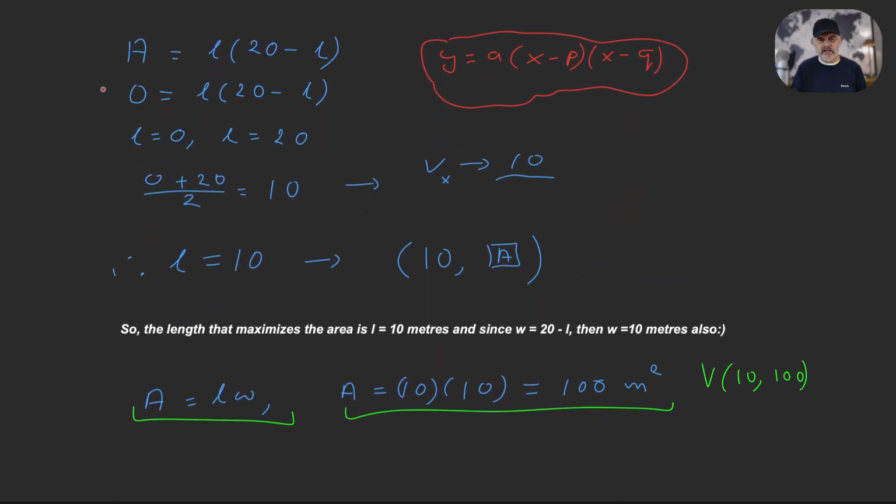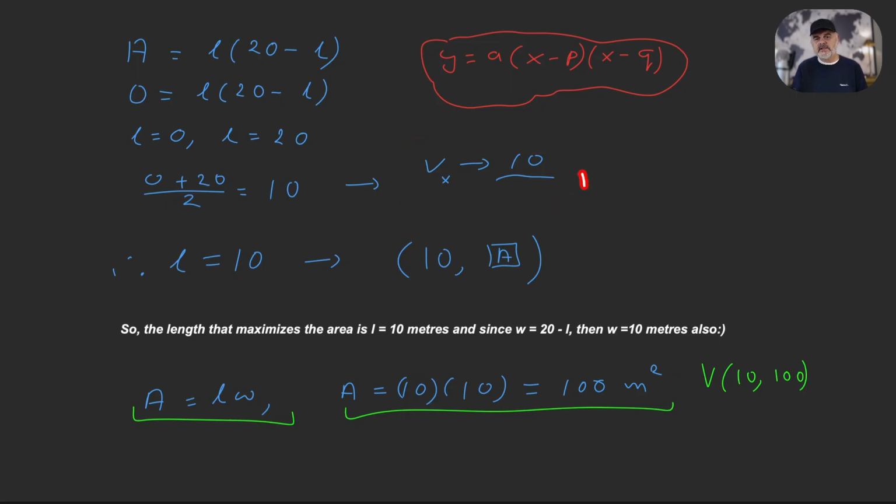I'm pretty sure that this strategy is very easy because we already have the factored form: find roots, find the average, and boom, you have the location of the vertex. So this is the right step or right location to be at, because you already know that the vertex does exist and where the vertex can be found.